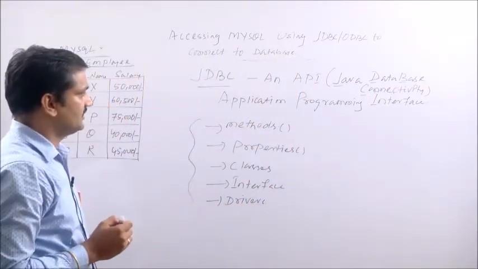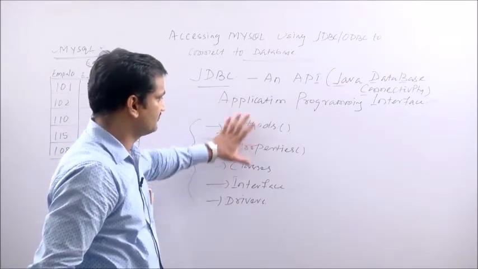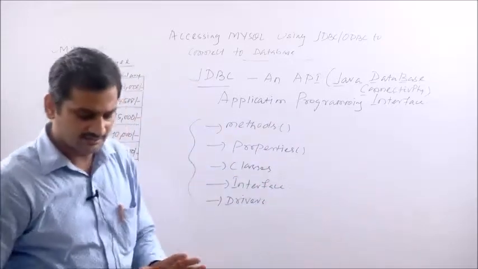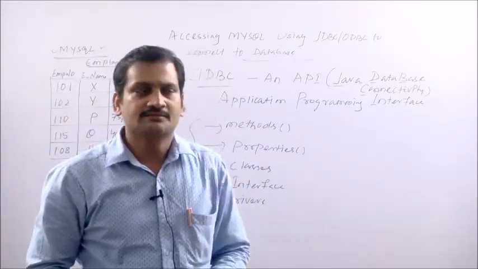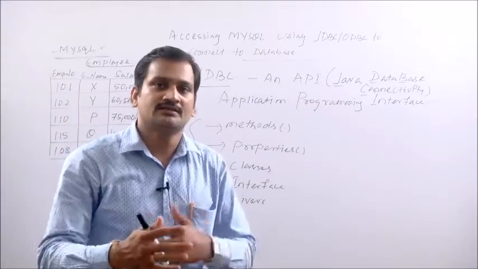It is an API. It provides some methods, some properties, classes, interfaces, and drivers. And the main objective of JDBC is that it enables a programmer to communicate with a database.